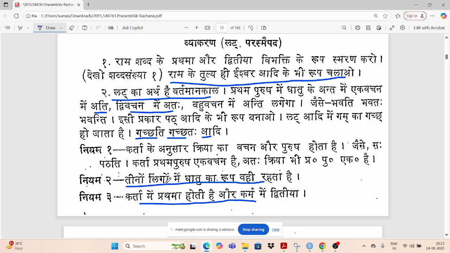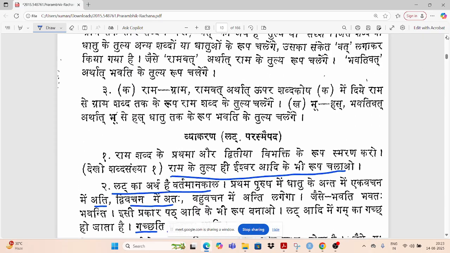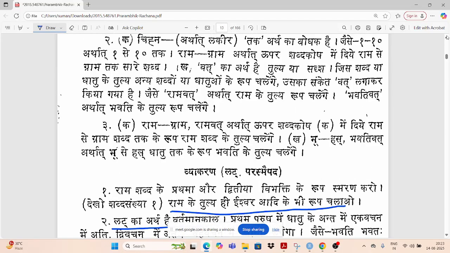So it will be Ramah khadati, Sita also Sita khadati. So no change in the dhatu. तो तीनों लिंगों में धातु का रूप वही रहता है. So this is the first part. We have looked at two things. We have looked at two vibhaktis, karta and karma.